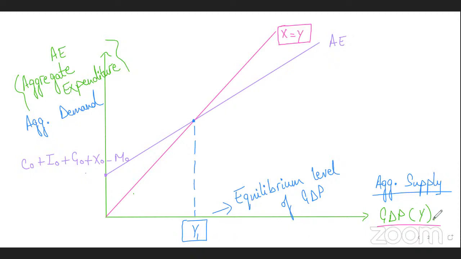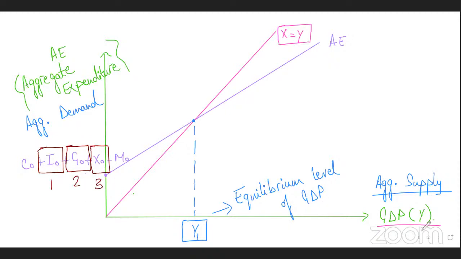Now, we talked about a couple of different things, and I'll give you a quick recap. If any of these components change, which we call injections, think about this. When investment increases, or government spending increases, or exports increase, these are the three injections: investment, government spending, and exports.